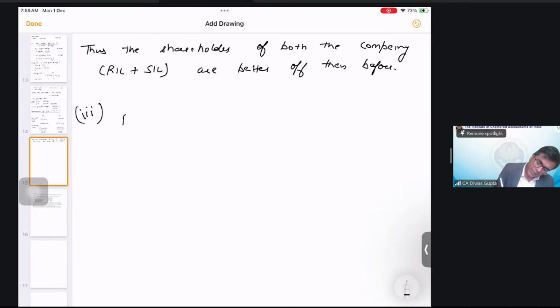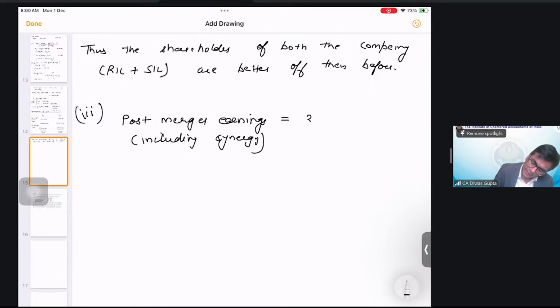So the post merger earnings including synergy will be 30 lakhs into 1.2, which is equal to 36 lakhs. Okay. So this is the post merger earnings.